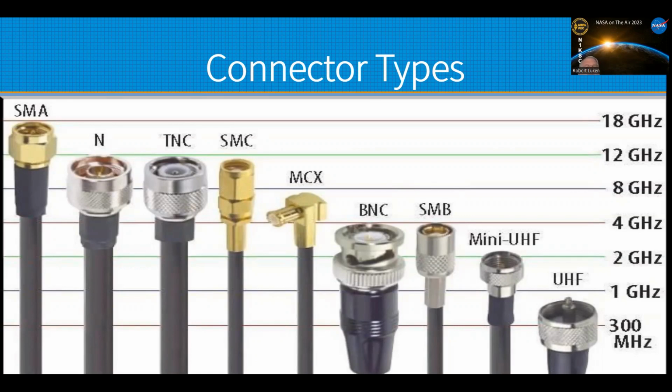I'm not familiar with the TNC. Looks like it's got some sort of insulator in there. TNC, if I remember right, is like an N, but will handle about 4 times as much power. Then you have this little MCX one. I don't know if you've ever seen it.